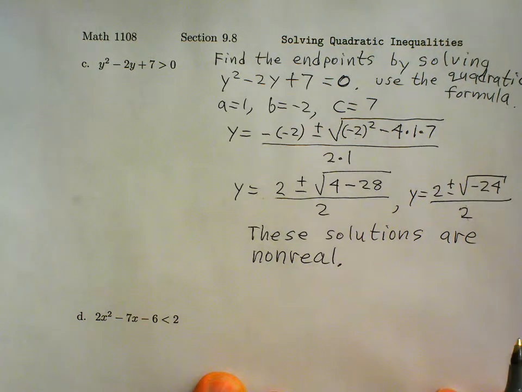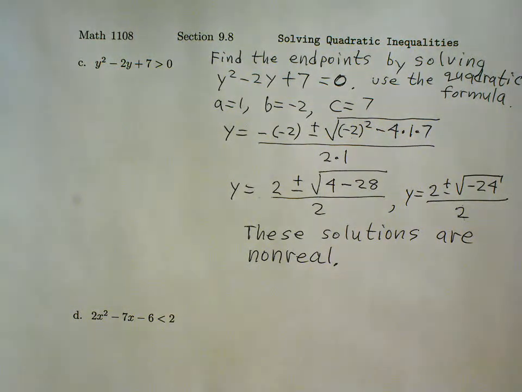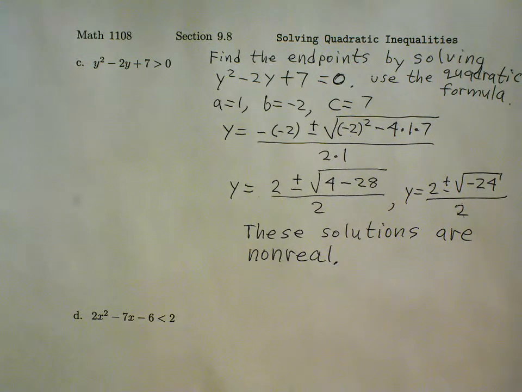So what does that mean? The number line is not divided into separate intervals. So there's only one interval to test.